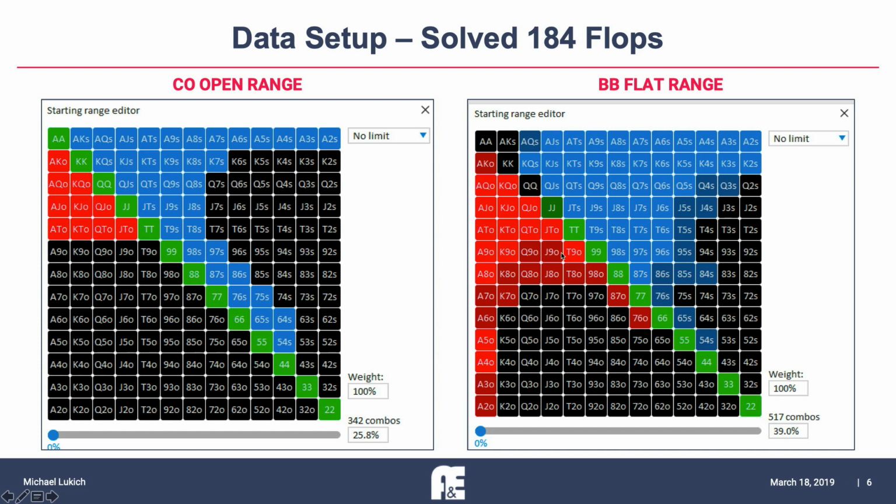And then the big blind flatting range, I believe I used an Upswing range, but this is the range that I put in here. You see that we don't have any aces, kings, queens, or ace king suited, and we're discounting ace king off or ace queen suited a little bit, and we're discounting jacks a little bit, and some of these other hands on the fringe as well. But it's about a 39% range versus our range, which is about a 26% range.